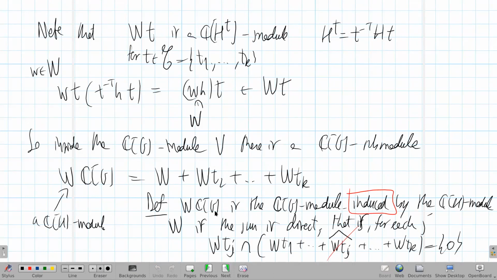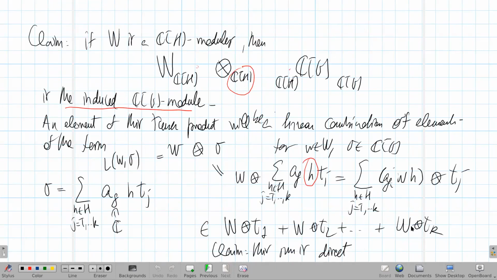The point is, we say that this module is induced if the sum is direct, okay? And I claim that this sum is direct. So we have found a way of representing a place where this induced represented CG module exists.